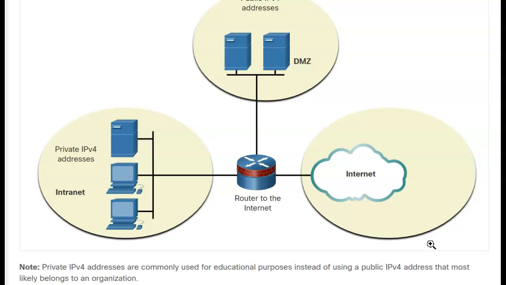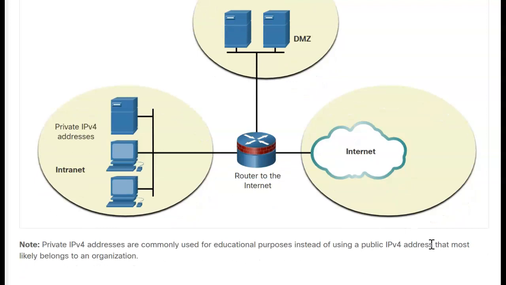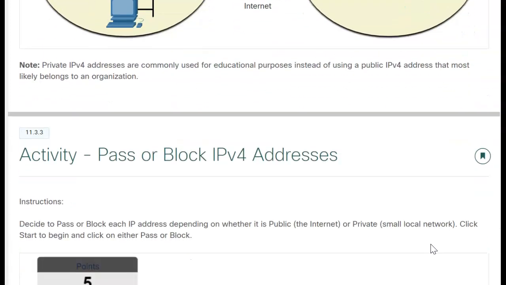So you've got this private IPv4 address range in the intranet, and it hits the router, and the router has to convert a private address into a public address before it can run out to the internet, or in this case, as you're seeing in the example, into the DMZ, the area that's set aside by a company to give some information accessible to outside clients, but not everything to the entire system.